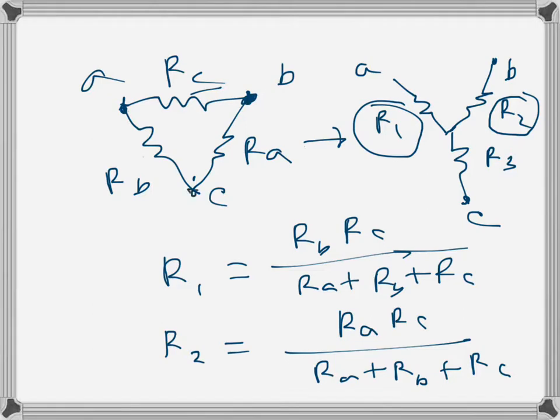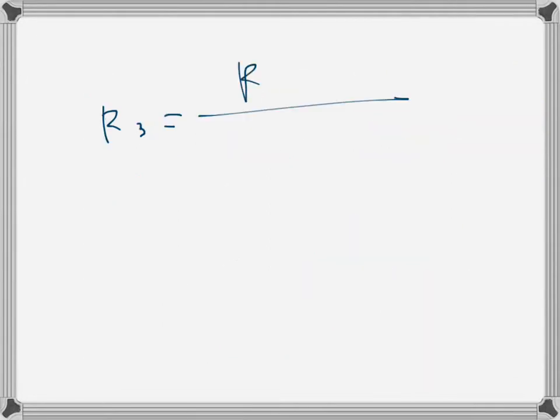Here RA and RB are connected to node 3, because in delta at each node two resistances are connected, while in Y only one resistance is connected. So we are trying to find for any node the resistance in Y in terms of two resistances of delta. This is very easy to remember, because R3 is connected to C. What two resistances are connected to C here? RA and RB.